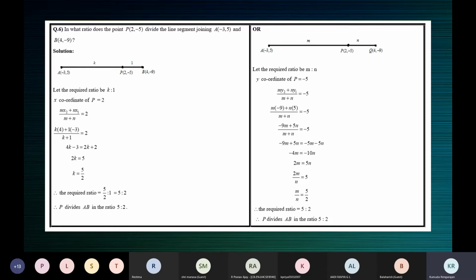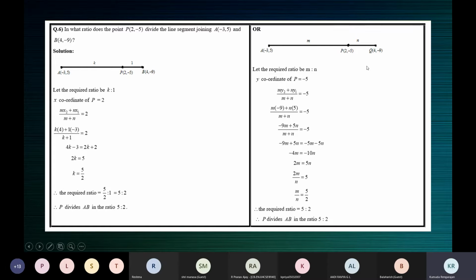The ratio in which the point P divides the line segment AB, please listen to this, children, don't see the answer. It's AB, children, not Q. So it's B here.